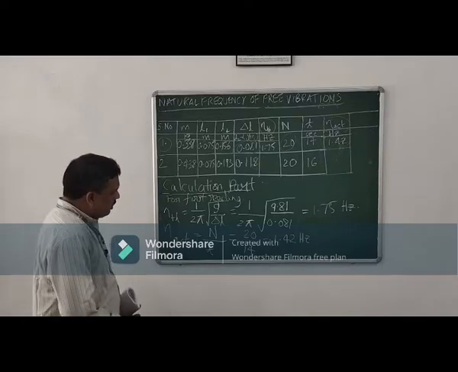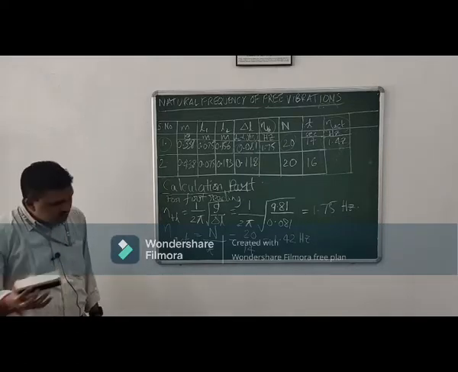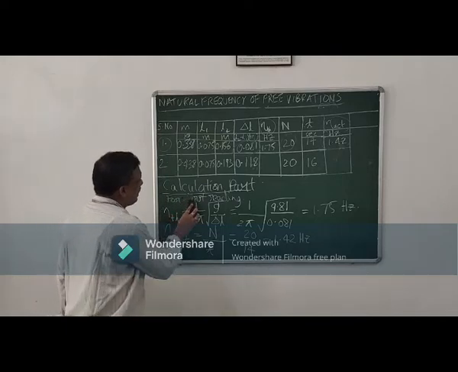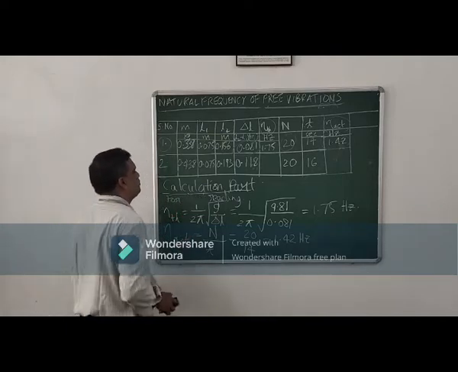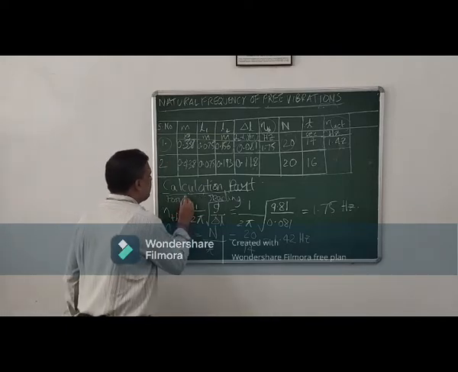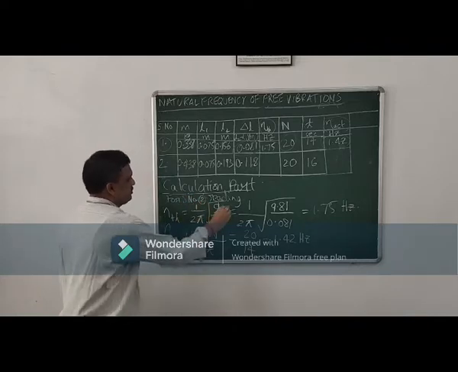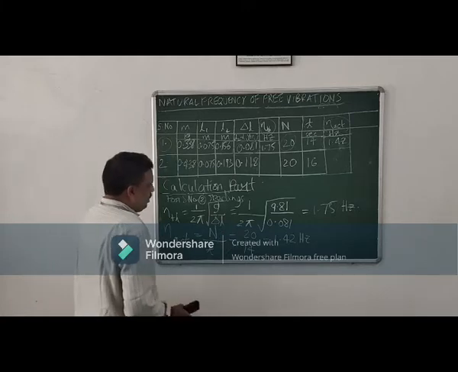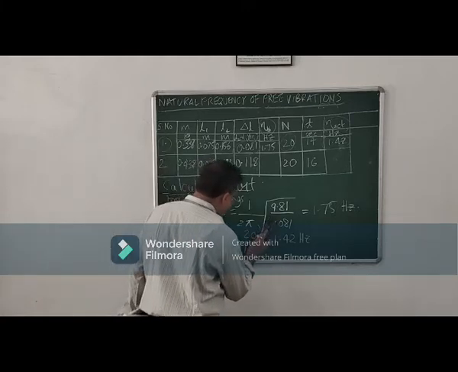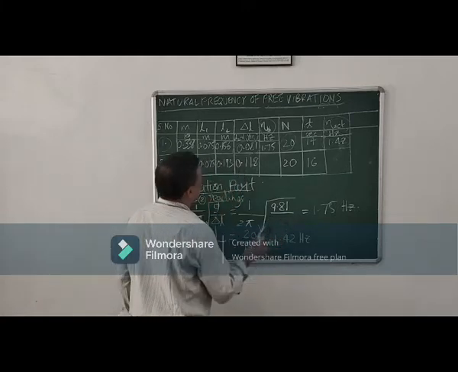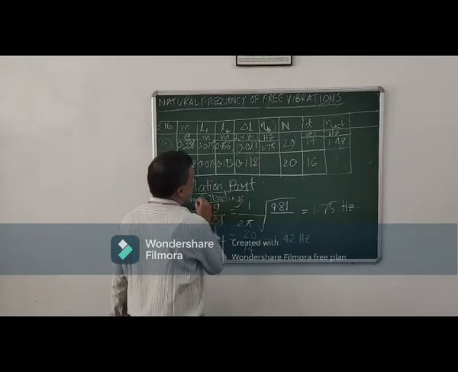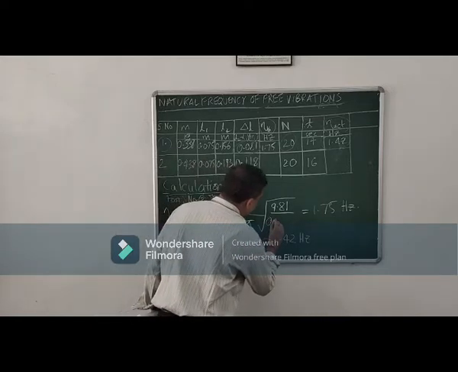So let us continue this type of calculation for the second reading, for serial number 2 readings. Here the static deflection is 0.118.